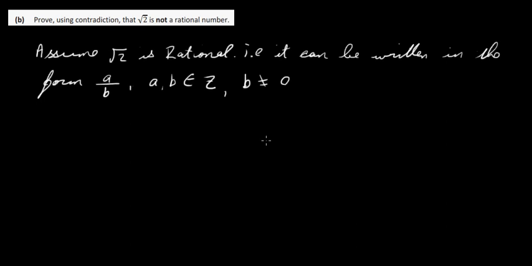So we are assuming that root 2 can be written as a fraction in the form a over b, where a and b are elements of Z. Now we also have to assume that a over b is written in its simplest form.